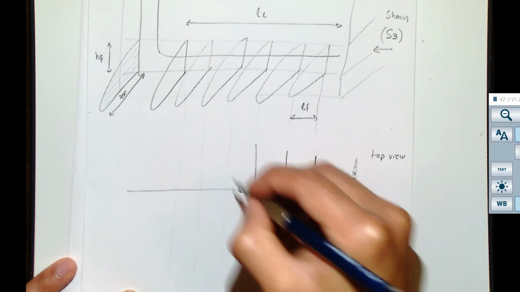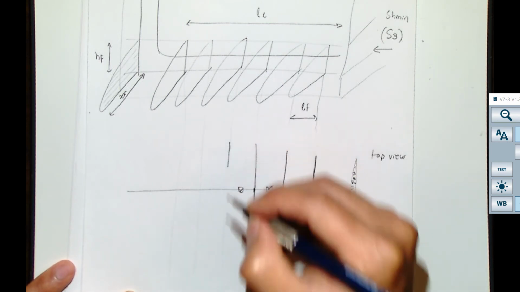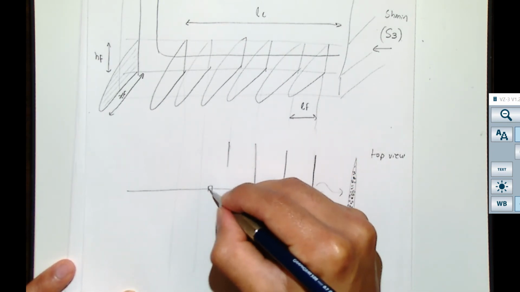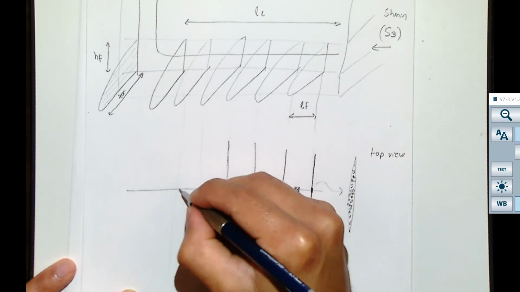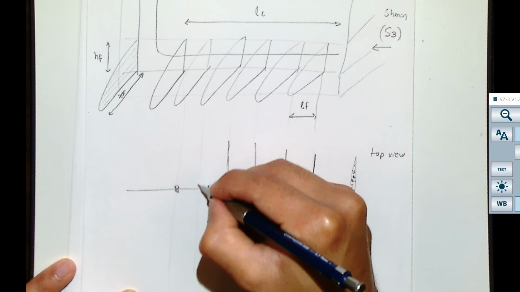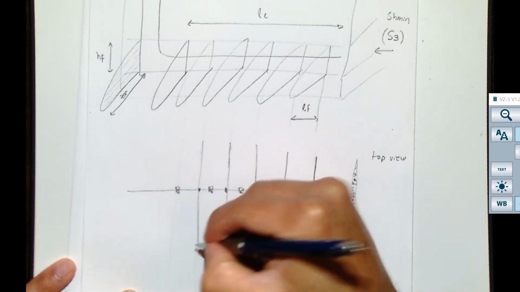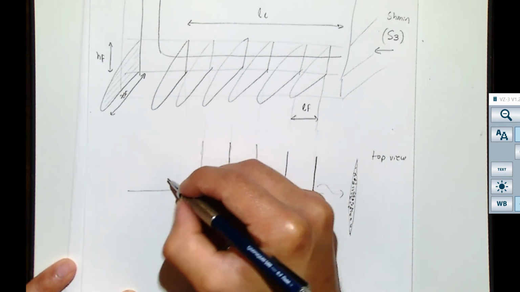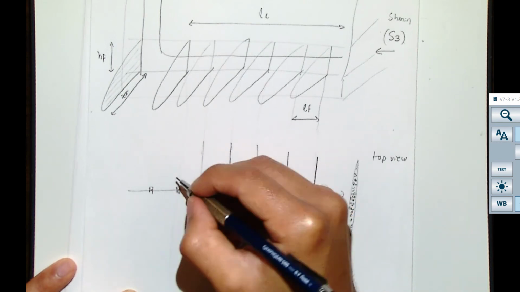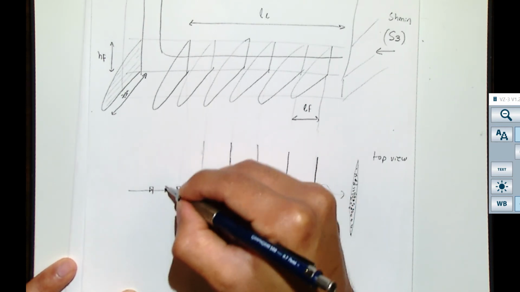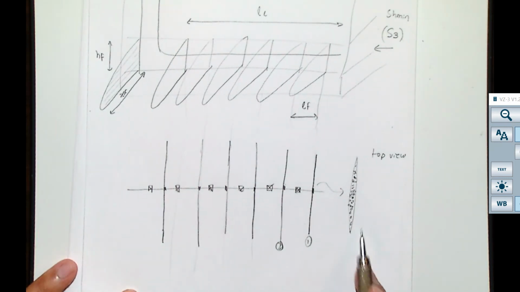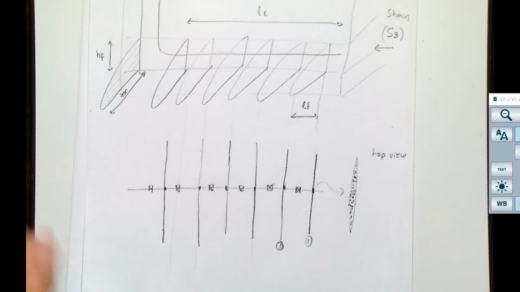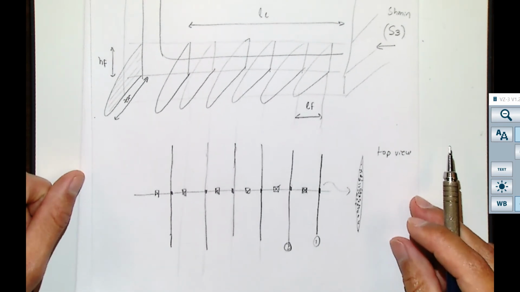Plug, perf, fracture, plug, perf, and fracture, plug, perf, and fracture, and the last one, plug, perf, and fracture. And after you're done with this, you drill through the plugs, and then you lower the pressure, and this will start producing.